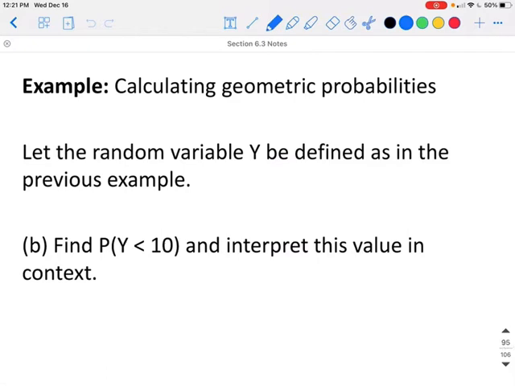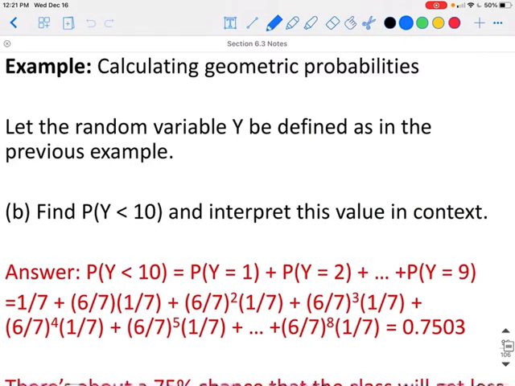Find the probability that y is less than 10 and interpret this value in context. To do this, you would have to find the probability of each y value that is less than 10. So you would find the probability of 1 problem, 2 problems, 3 problems, 4, all the way up to 9. The probability there would be 1 problem is just 1 out of 7.